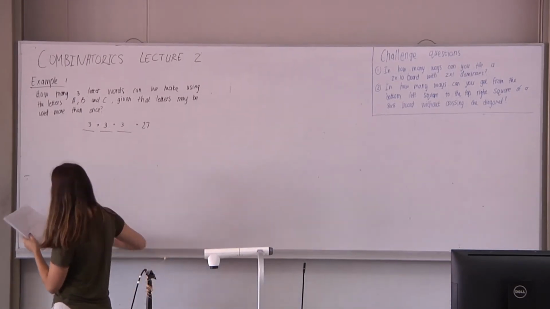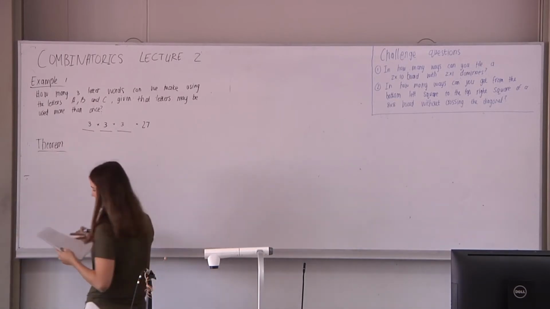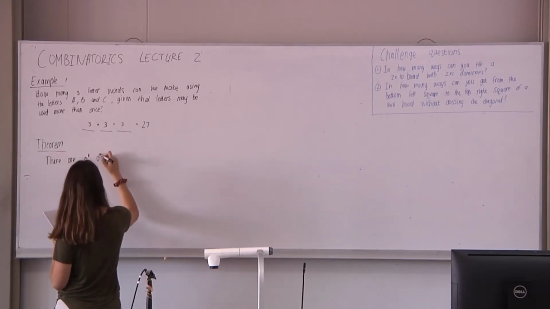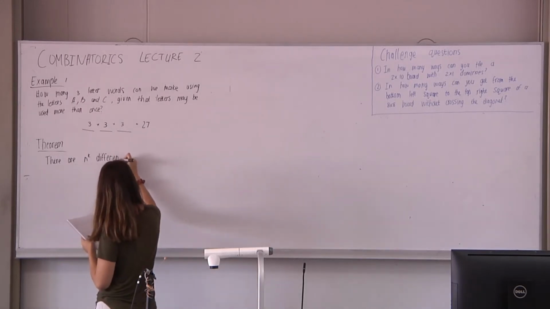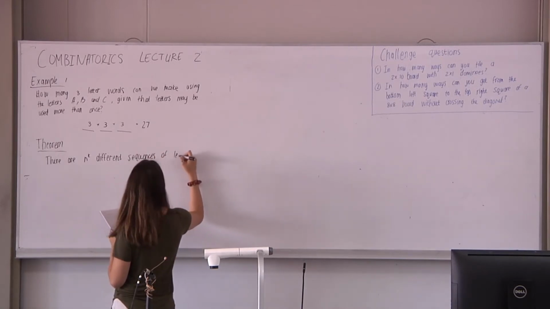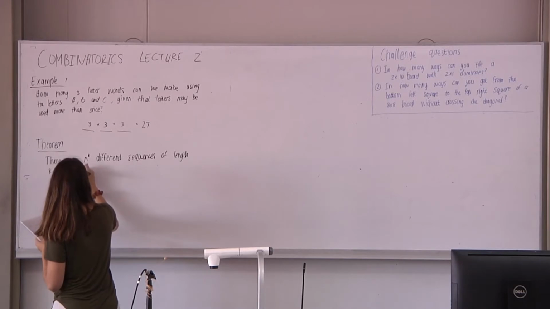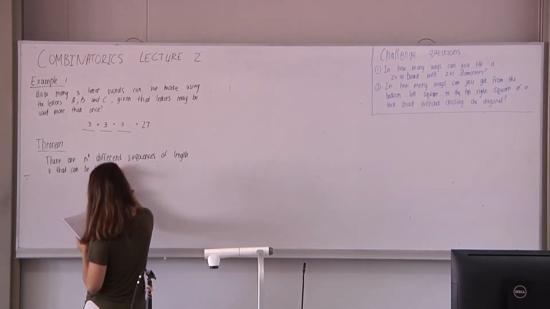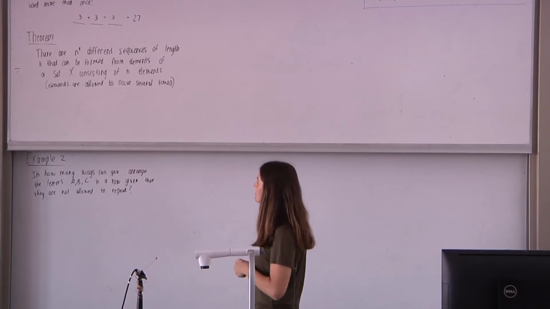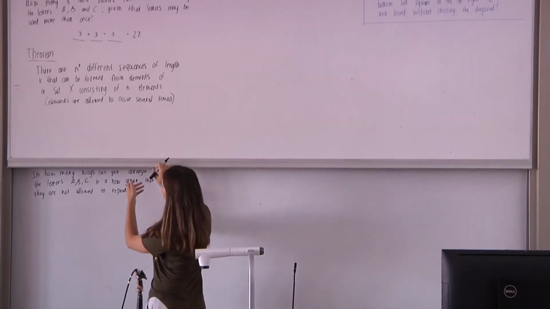So this leads us to a theorem. If we just generalize our result there, there are n to the power of k different sequences of length k that can be formed from elements of a set X consisting of n elements.